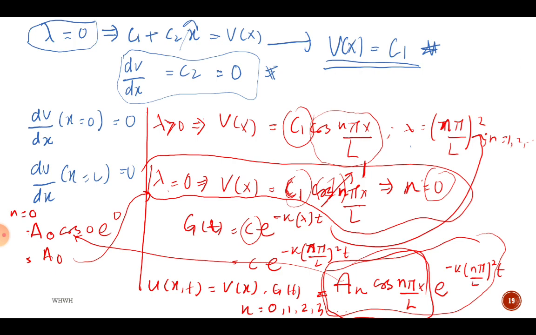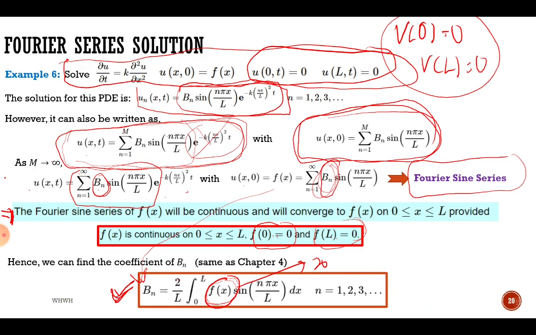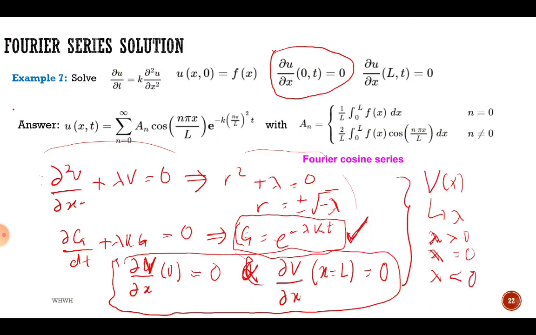Where the final solution, you may conclude it as what has been written in the question, in the final answer here. The answer is u at t equals the summation from n equals 0 up to infinity of a n cos n pi x over L e to the power of minus k n pi over L square t.